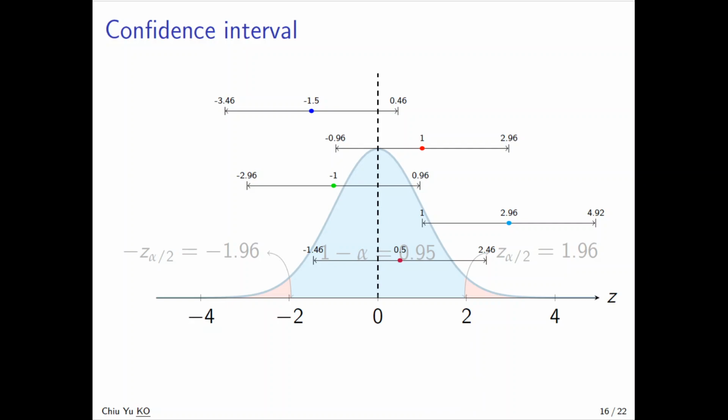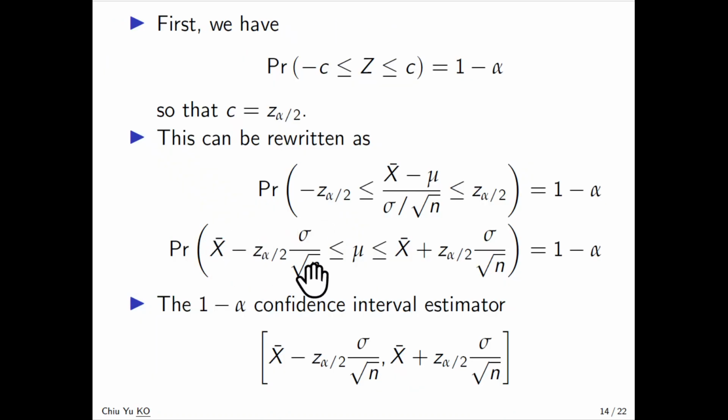The meaning of a confidence interval is a little bit complicated. We are saying this interval has probability 1 minus alpha, but this probability only makes sense if we repeat many times. Once we have done it, there's no more probability.